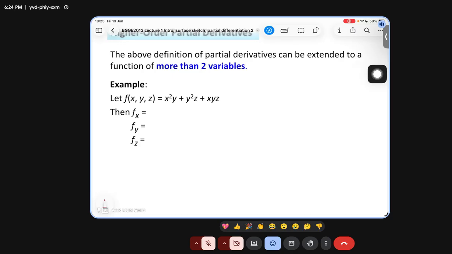Then for your derivative, it depends on which term you derive with respect to. You can see with the first one fx, derive with respect to x, the second one with respect to y, the third one with respect to z. So for the first one, if you derive with respect to x, you will get the first term with respect to x. y is the constant.